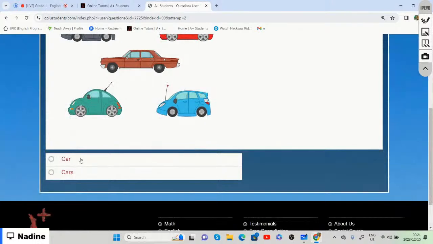Six what? Is it six car or six cars? Cars.